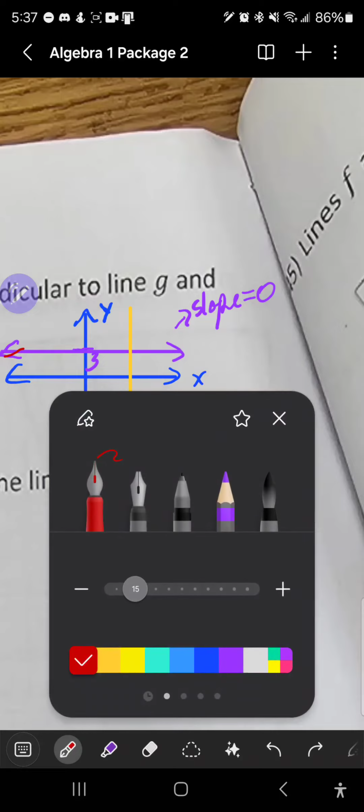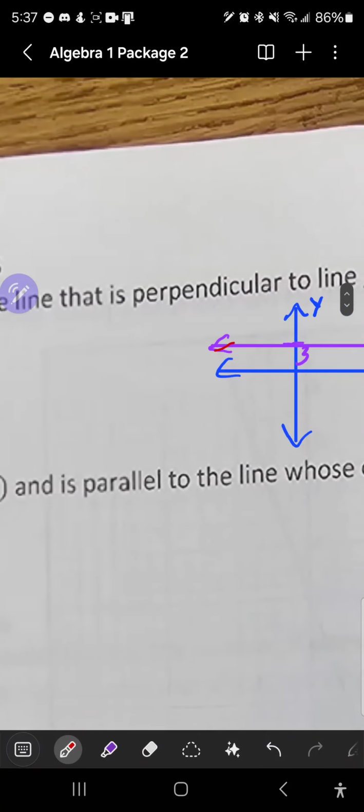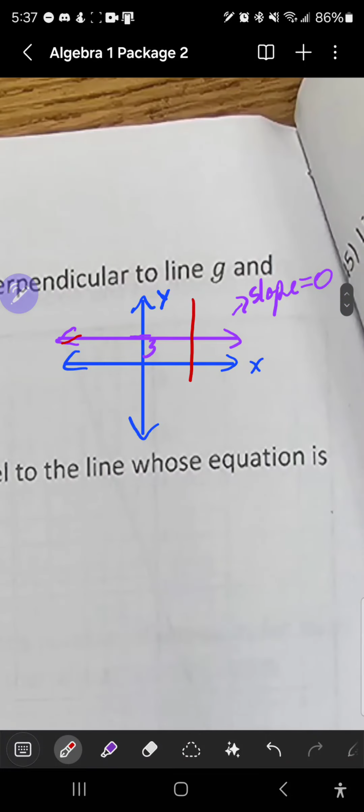Now for the orange one, which I'm going to make red right now, this line right here, we know the value of x is always going to be the same because it's a perpendicular, vertical line. Every time you see a vertical line, the value of x is always the same.